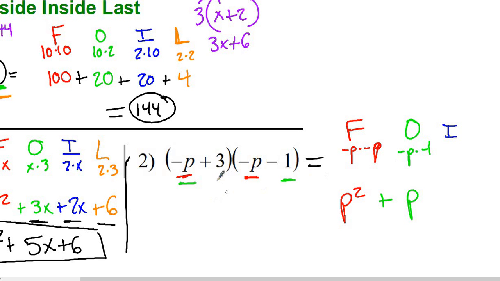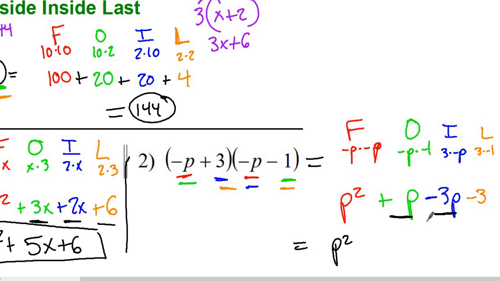Our inside terms will be 3 times negative p, which is negative 3p. You could write that as plus negative 3p or minus 3p, either one works. And then finally our last terms will be 3 times negative 1, which is negative 3. So our final answer here is going to be p squared plus p minus 3p would be minus 2p, and then minus 3.